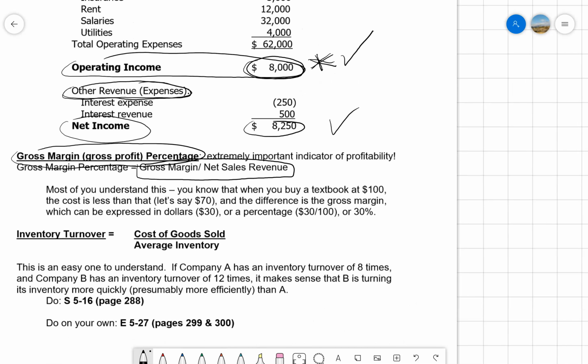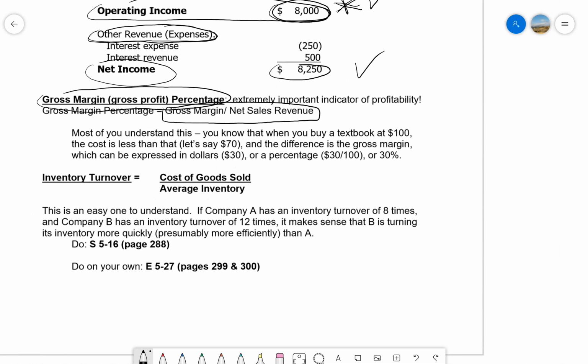But let's go back to our example here. Let's say that you went to the bookstore and you bought a textbook for $100. And let's say the bookstore cost of the textbook was $70. Their gross margin would be $30, or we can express that as a percentage. The gross margin divided by the sales revenue is gross margin percentage of 30%.